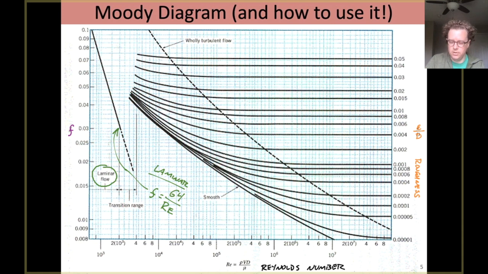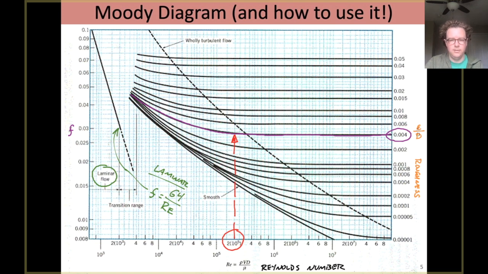But what about over in the turbulent space? So as I've highlighted in purple, each of these black lines that you see represents a particular value for epsilon over D. So if we take the value 0.004 that I've circled in purple, that line that I've drawn over in purple is the appropriate line to read to for that friction factor. Then what you would do is you find your Reynolds number, 2 times 10 to the 5th, for example.